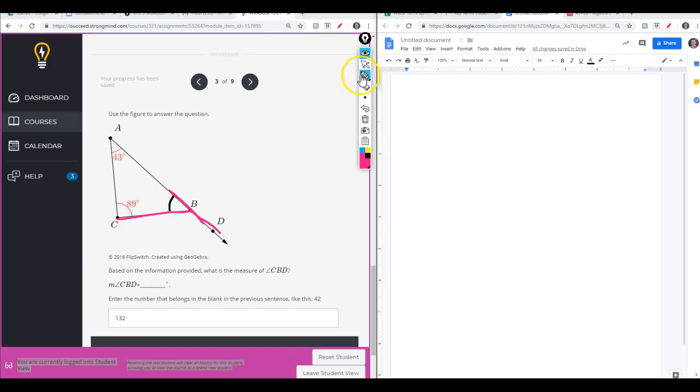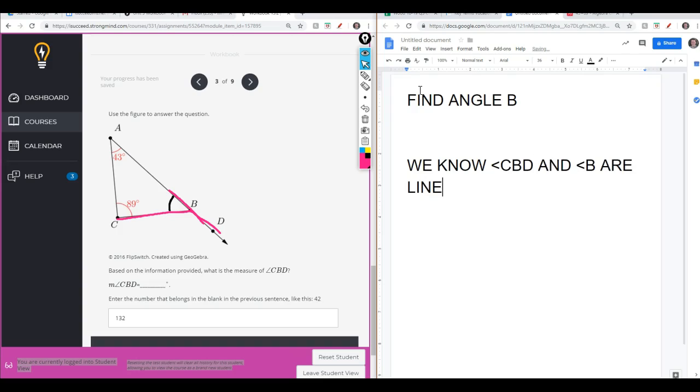So we're going to first find the angle of B, and then we know that angle CBD and angle B are a linear pair. So that's the two steps.